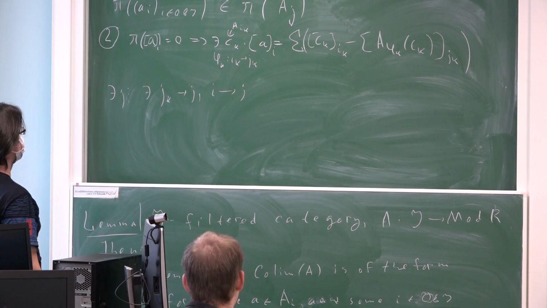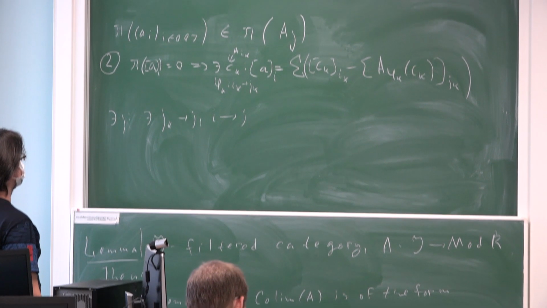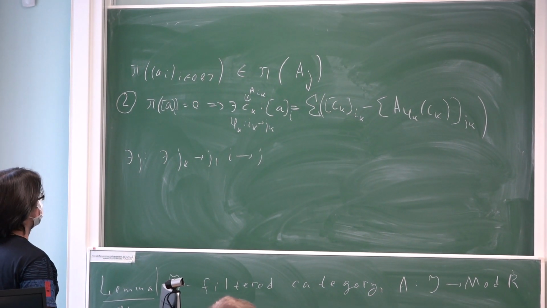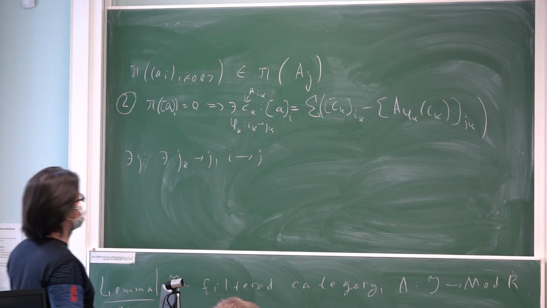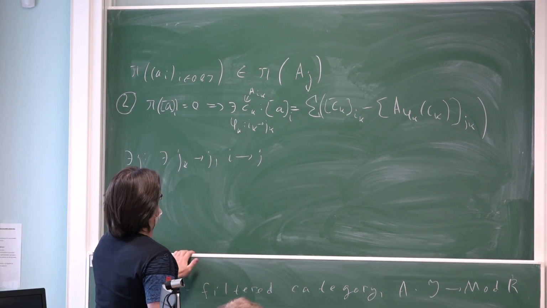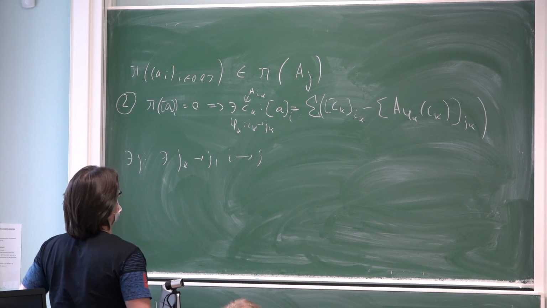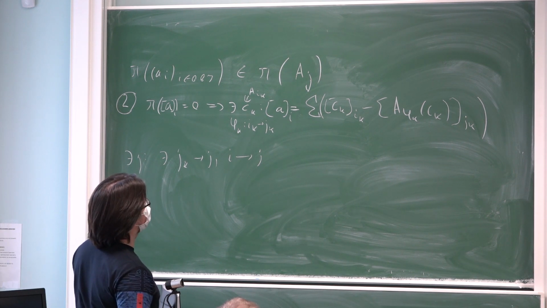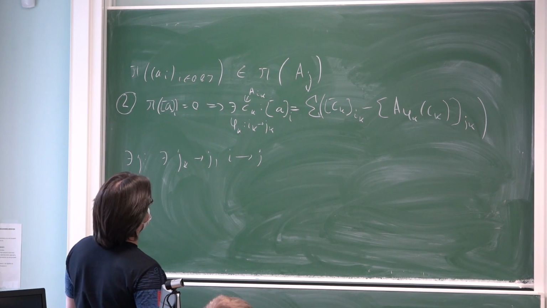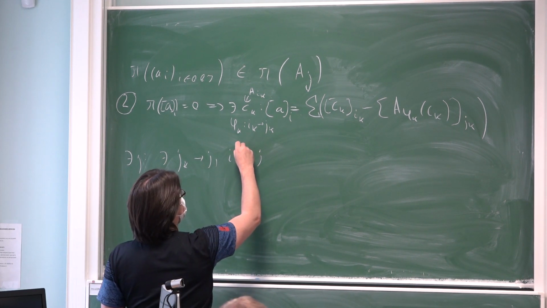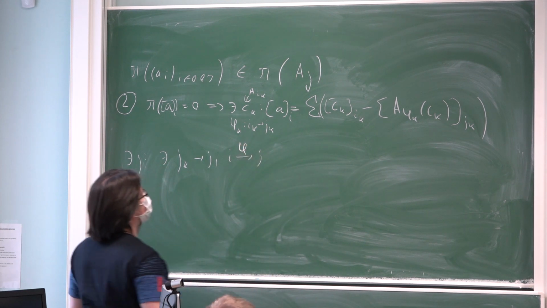So first of all, we can assume that I equals j. Why? Because let us denote this by phi.